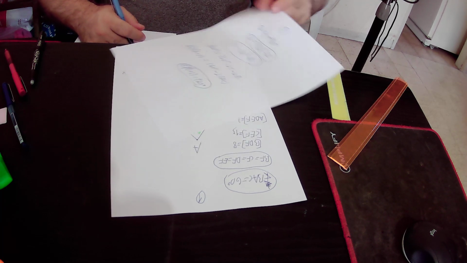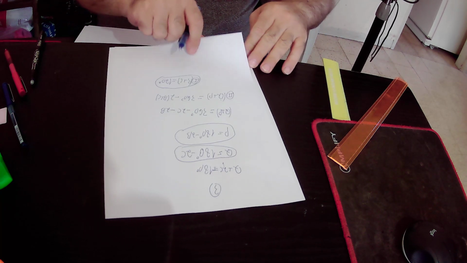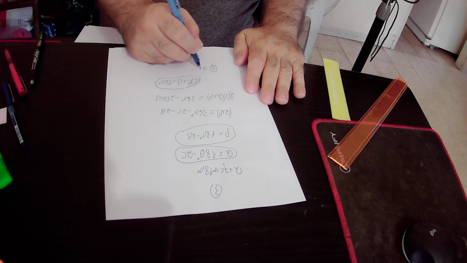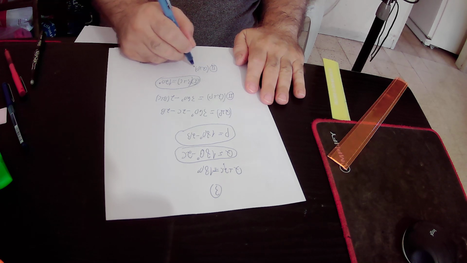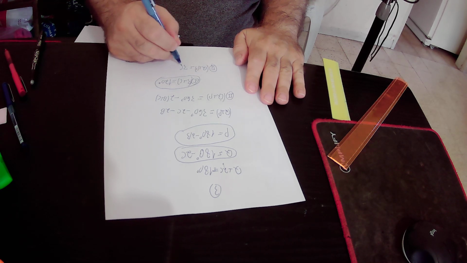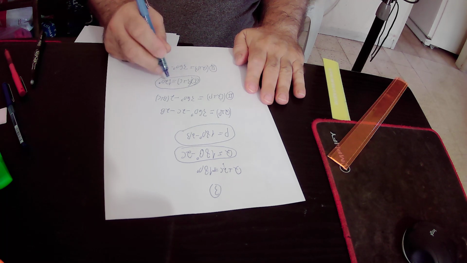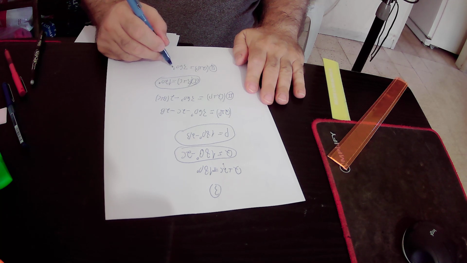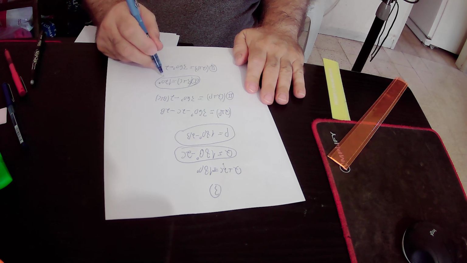And we will get that Q plus P equals 360 degrees minus 2 times (B plus C), and we will substitute B plus C by 120 degrees.